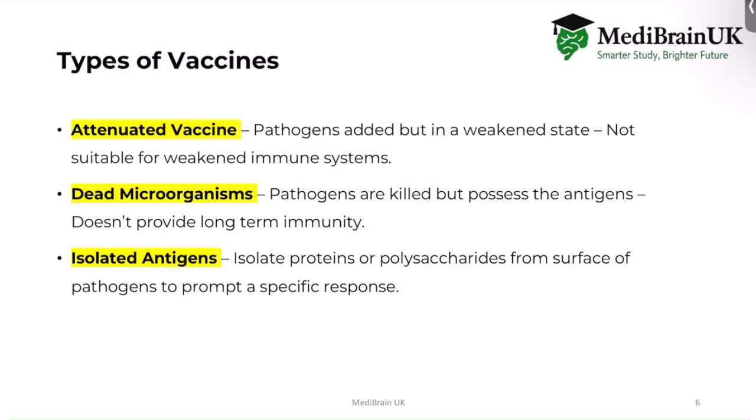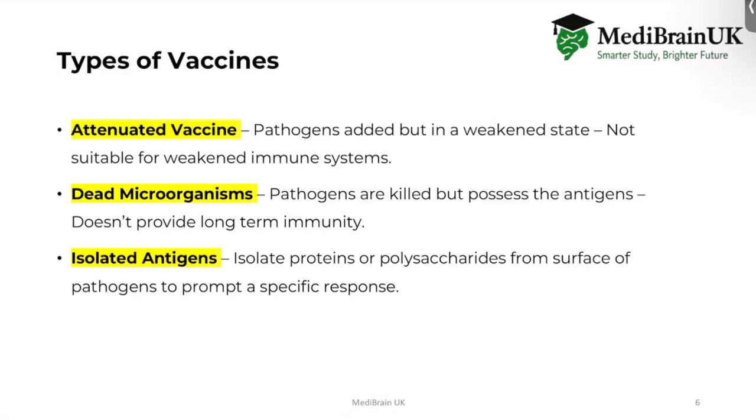Okay, but it won't be suitable for those who have weakened immune systems. So it won't be suitable for those who are older. It won't be suitable for people who have immune diseases, that sort of stuff. However, it will be very useful in terms of providing long-term memory cells within your body.